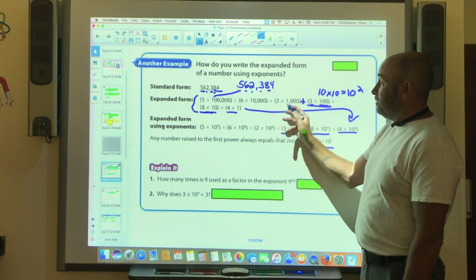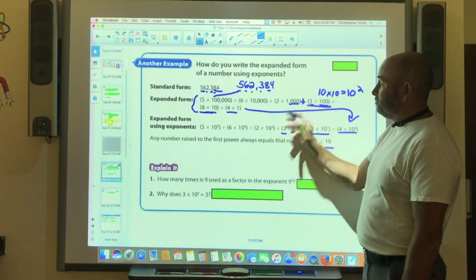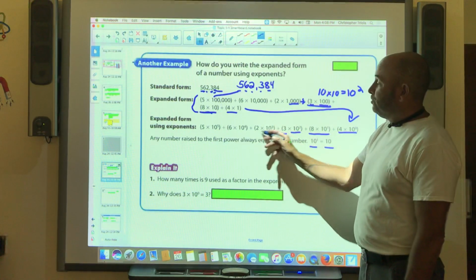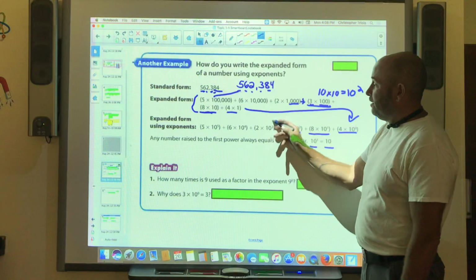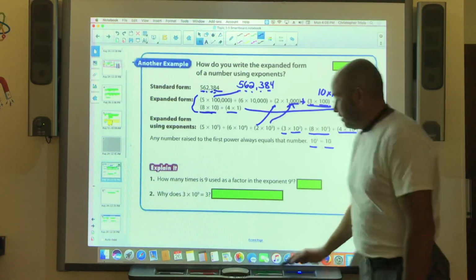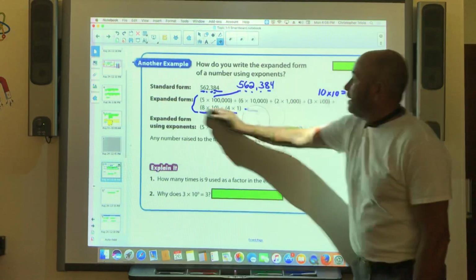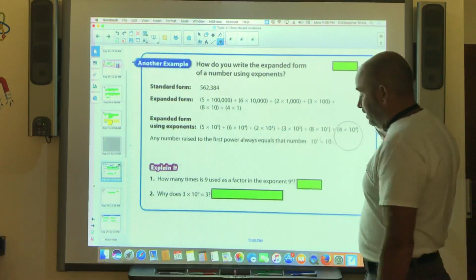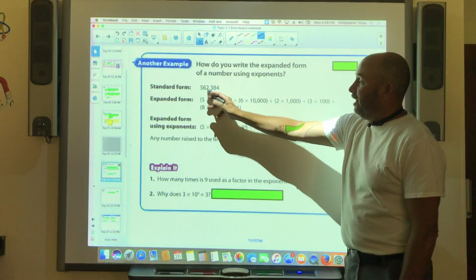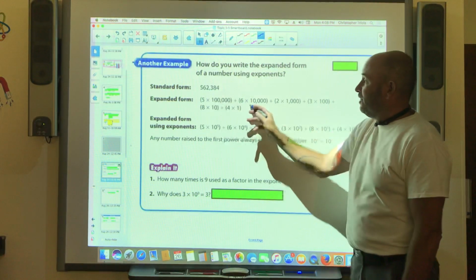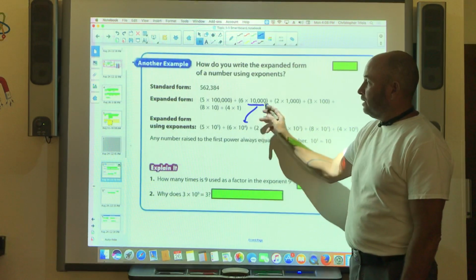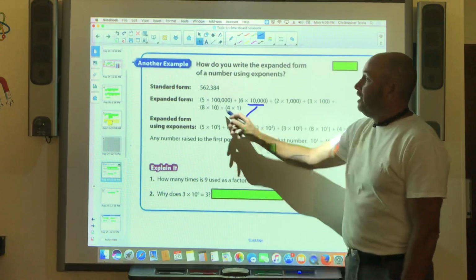And then we go on into the thousands. Well, we have 3 zeros, so it's 10 to the third power. That's what we have. 2 times 10 to the third power. 10 to the third power represents 1,000, and the 2 is just 1,000. Okay? And so we would keep going all the way up until we get into the 100,000s. Again, the 6 is in the 10,000s place. 10,000 can be written as 10 to the fourth because there's 1, 2, 3, 4 zeros.